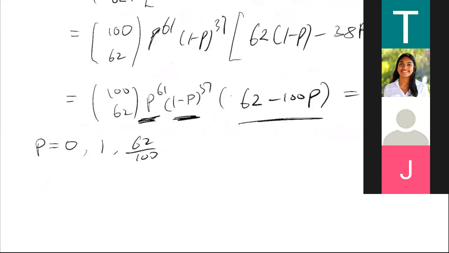If you plug in 0 or 1, it just gives you the L function equal to 0. It doesn't help. But if you plug in p equal to 62 over 100, that's the maximum we're getting here. And the maximum is equal to 100 choose 62 times 62 over 100 to the 62nd power times 38 over 100 to the 38th power. So that's the maximum probability.